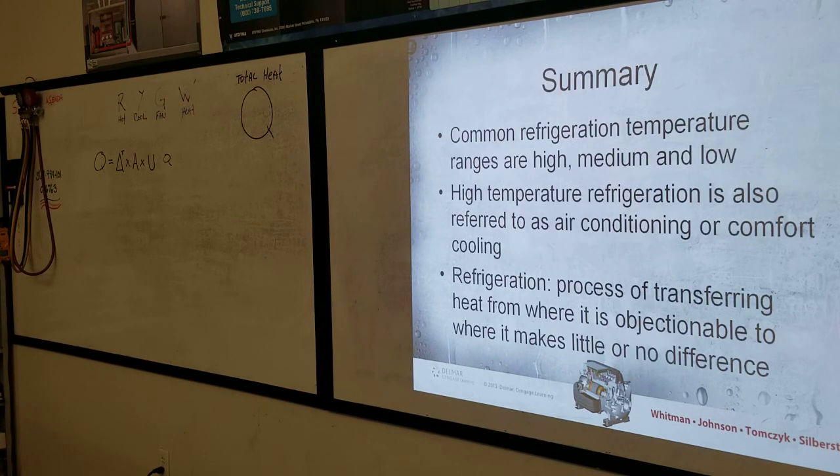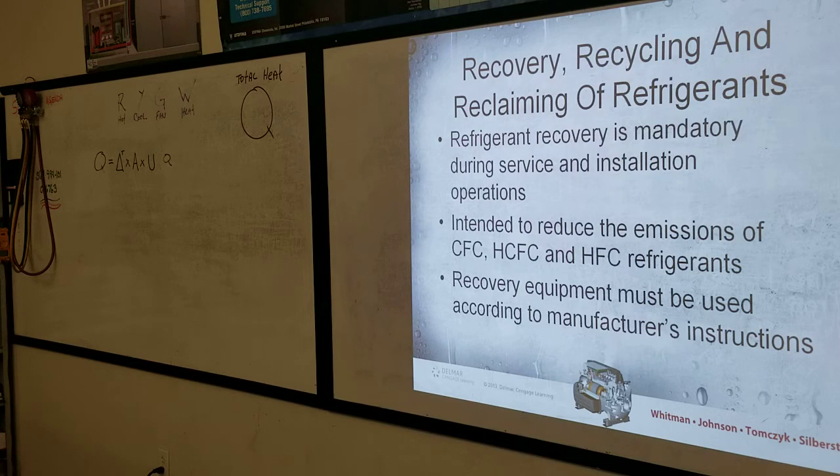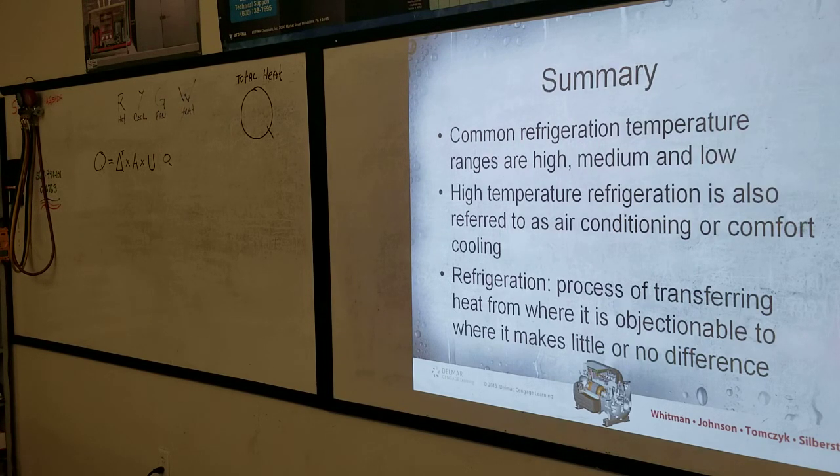Let's go through the summary real quick. Common refrigeration temperature ranges are high, medium, and low. High temperature refrigeration is also referred to as air conditioning or comfort cooling. Refrigeration is the process of transferring heat from where it is objectionable to where it makes little or no difference.